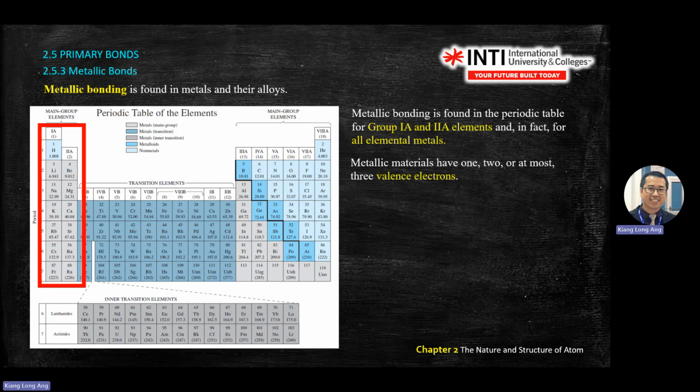So mainly they are from the first group and second group, meaning 1A and 2A elements. So all these are metals. The most they have is 3 valence electrons outside. For example, here, sodium, some special material, right?